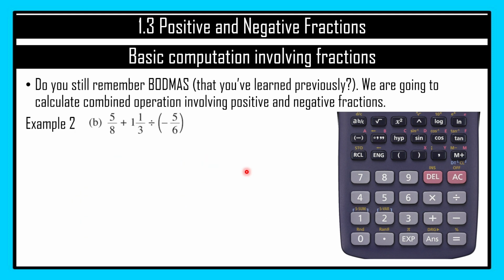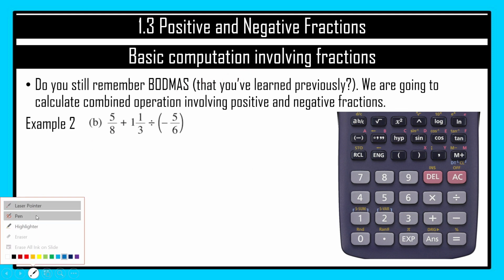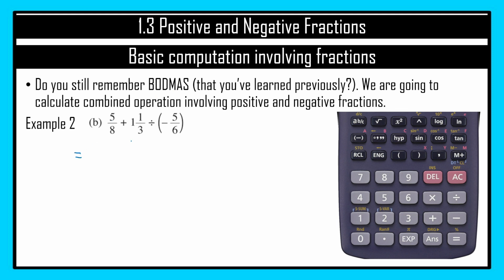Number 2. Now this time, instead of us changing it manually, we are going to use the calculator to help us with this question. Alright, BODMAS, and I see divide here. Means that these two need to do first. Alright, fraction 5 over 8.